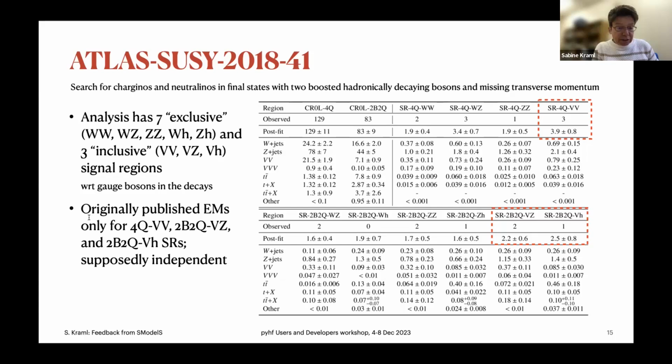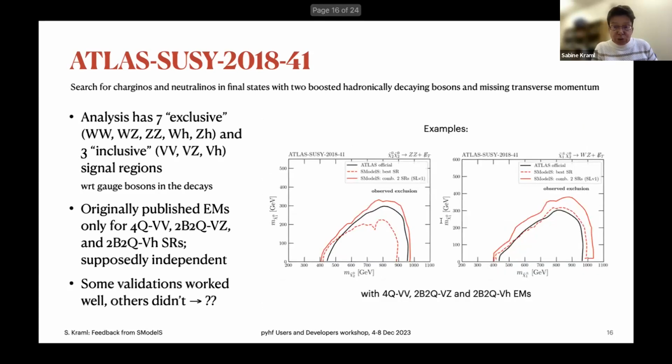The analysis originally published efficiency maps only for these 3 inclusive signal regions, which are supposedly independent: 4QVV, 2B2QVZ, and 2B2QVH. They are supposed to be statistically independent from each other, but also encapsulate most of the necessary information for interpretation. Now, when we use those, in some validations they work well, but others don't.